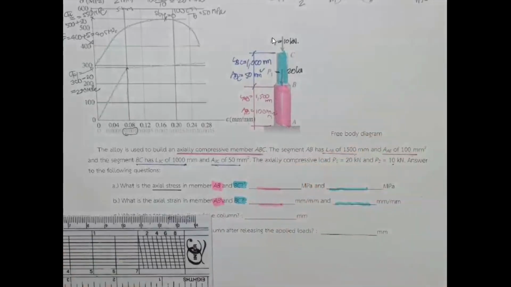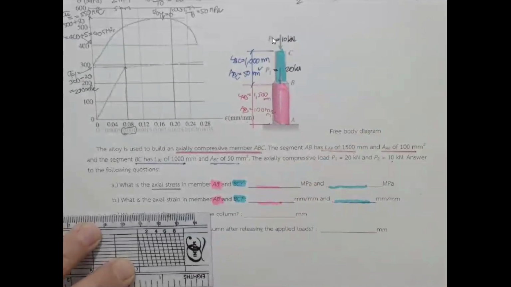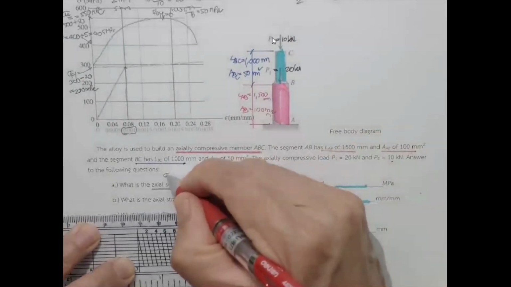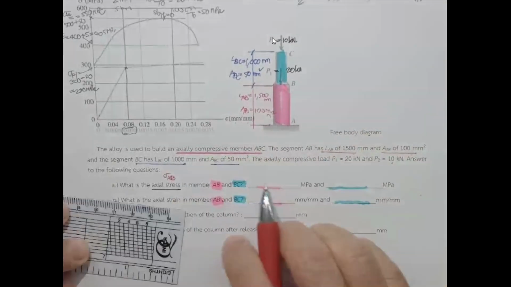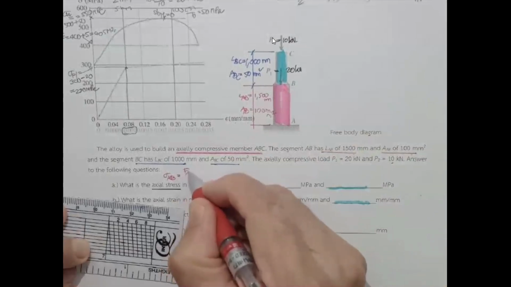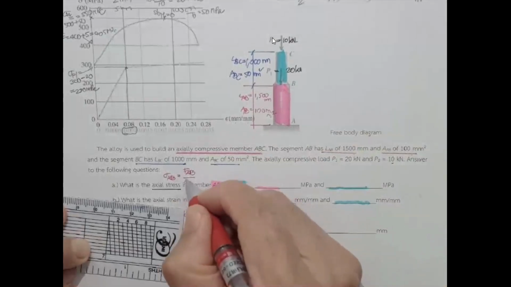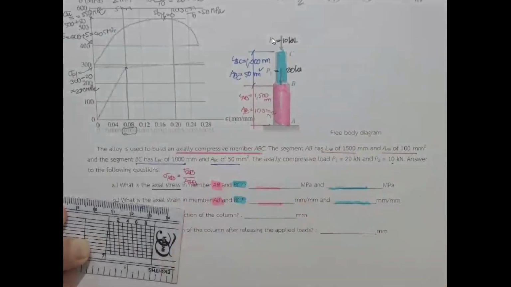Okay, and then we also know that sigma sub AB is going to be F sub AB divided by A sub AB. We don't know F sub AB. We will determine it.